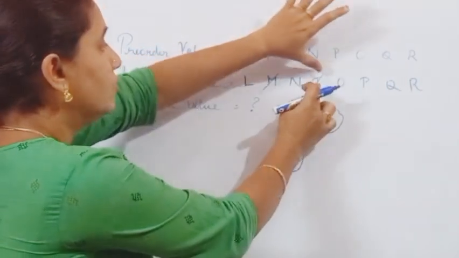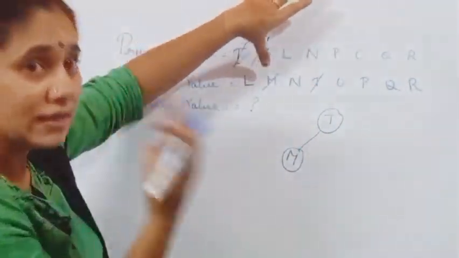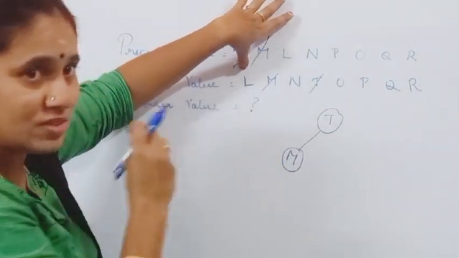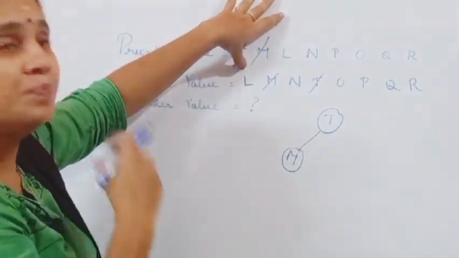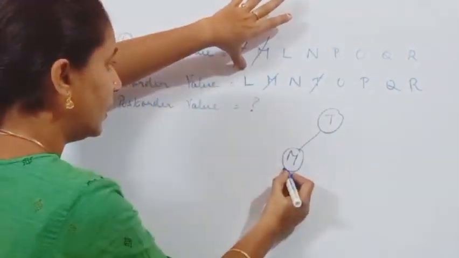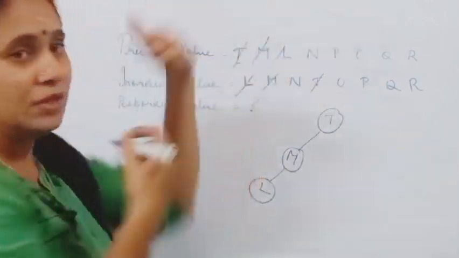So L is present to the left of the root node, again to the left of M, because this I have drawn, isn't it? For each and every step I should consider all the values that I have written. So can I write like this? Yes, I can write. So L is finished.